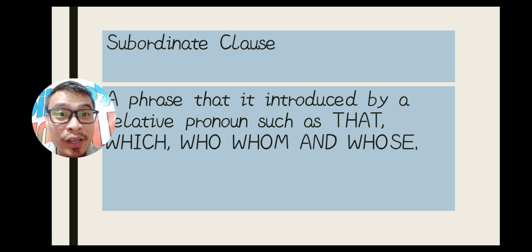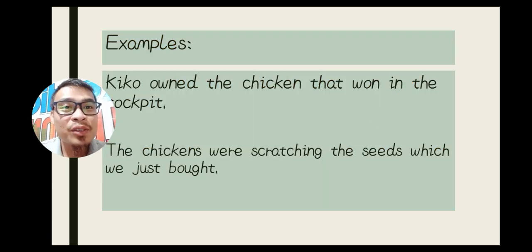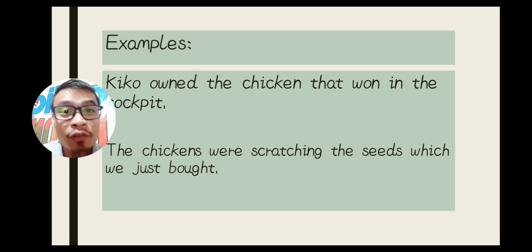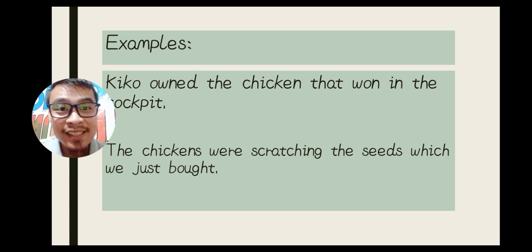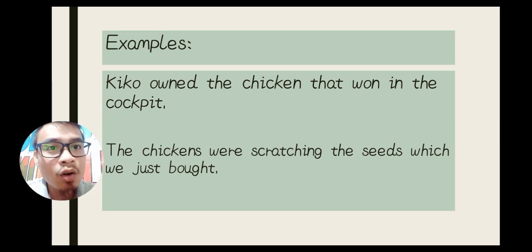So try to take a look at these examples. Example number 1. Kiko owned the chicken that won in the cockpit. So in here, guys, we have two clauses. The first one is the independent, meaning it can stand alone. And the second one is the subordinate, or what we call dependent clause. So I'd like to emphasize in here that Kiko owned the chicken.